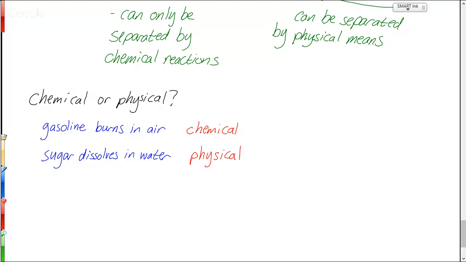All right, we'll do another one. Iron rusts. So you got a car, got some exposed iron, starts to rust. What do you think? Is that chemical or physical?